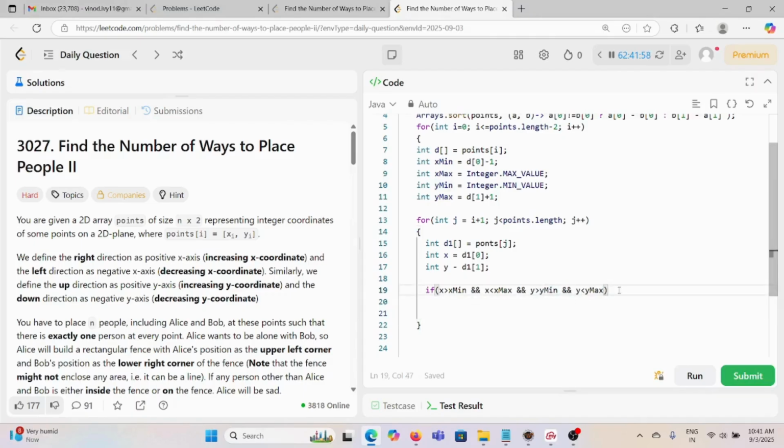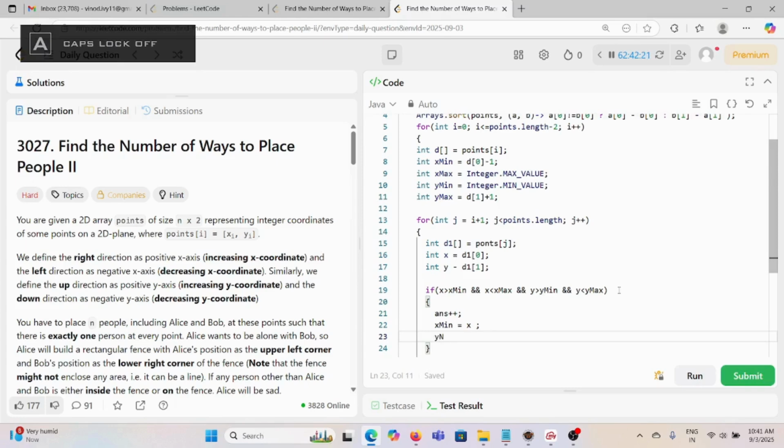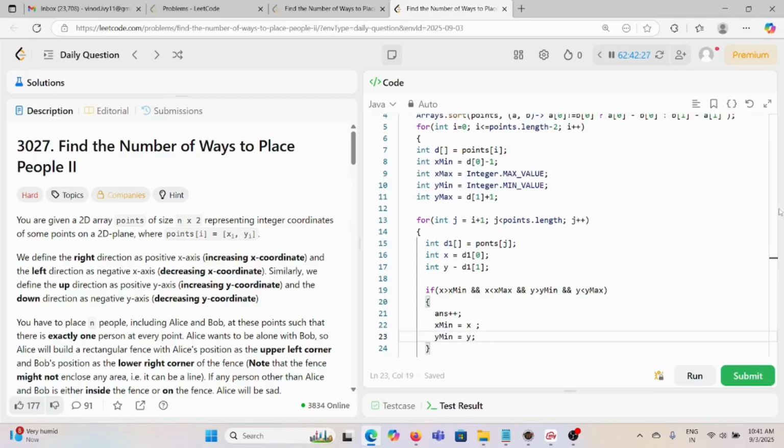So if this condition is matching, basically we have found one potential pair, right. So we are taking answer plus plus in this case, and we have to update our x min and y min now. So our x min would be whatever we found here, x min would be our x, and y min would be y, and now we have to keep on doing it this way.